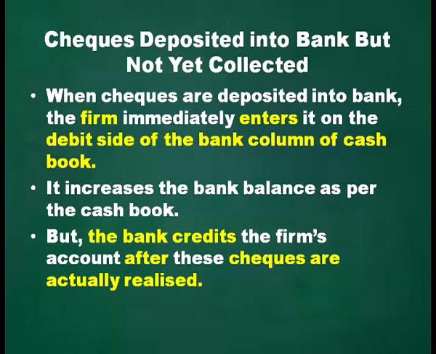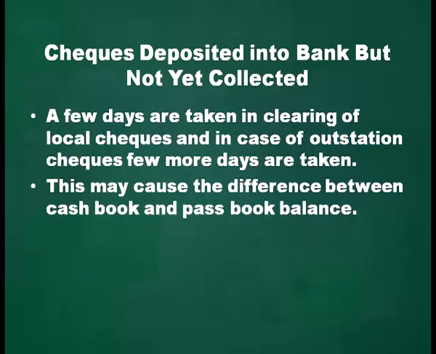But the bank credits the firm's account after these checks are actually realized. A few days are taken in clearing of local checks, and in case of outstation checks, few more days are taken for clearing the check. This may cause difference between the cash book and passbook balance.